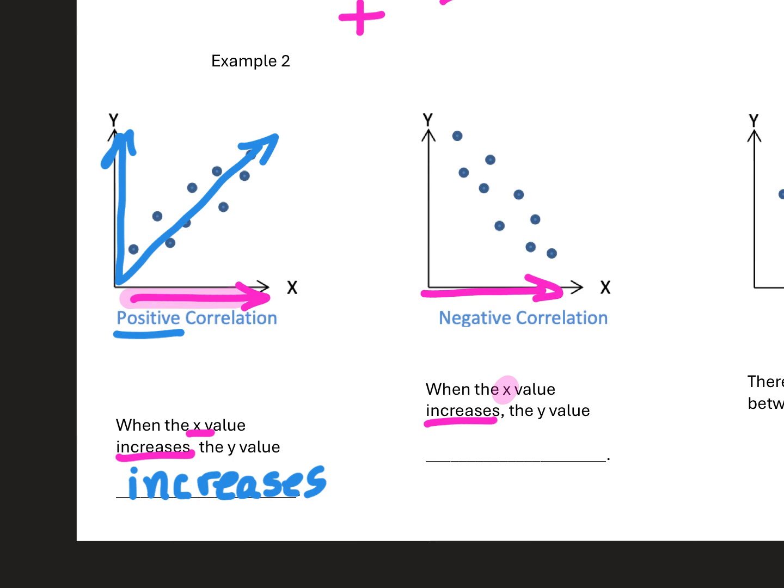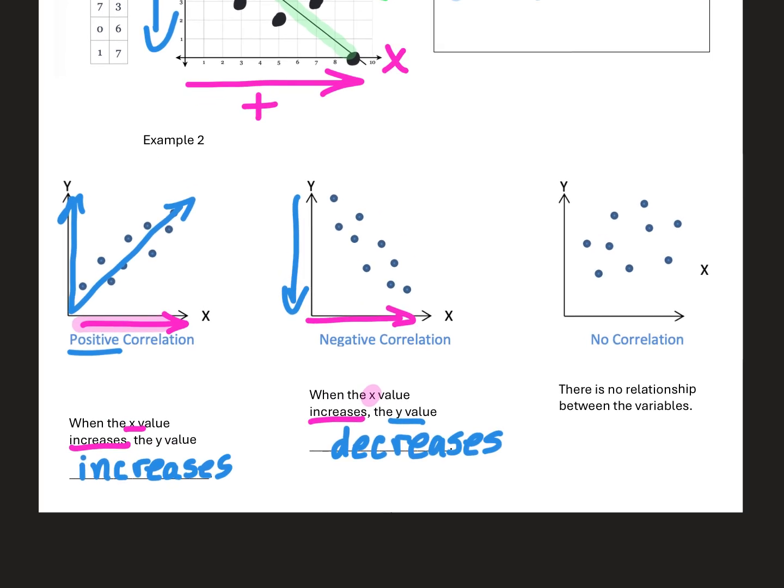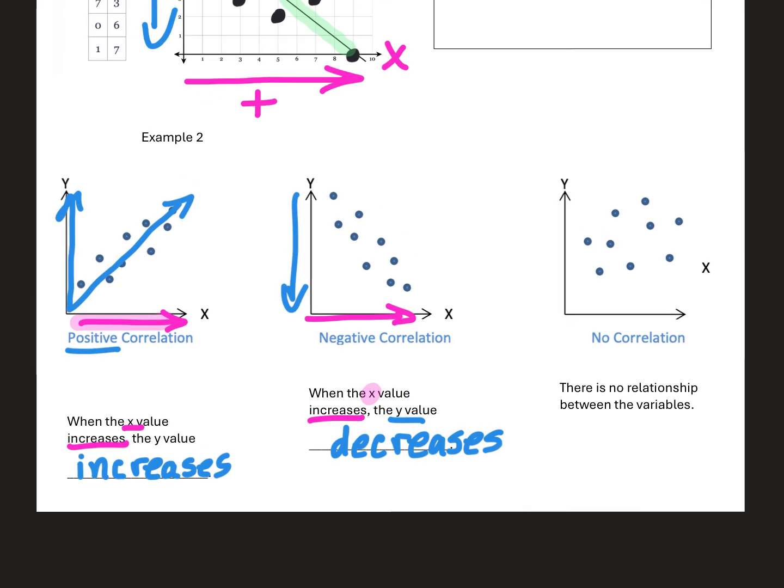As the x value increases, the y value decreases. And lastly, we have an example of no correlation here because you don't see an increase or a decrease. There's no pattern to this, which means there is no correlation.